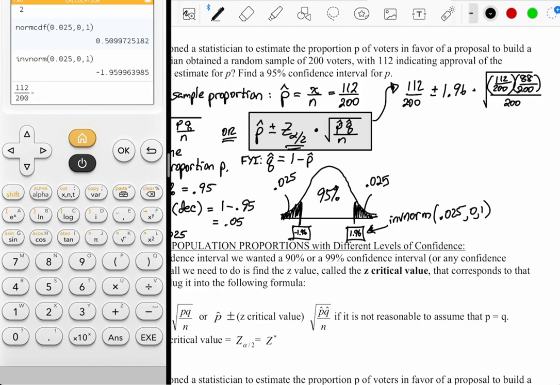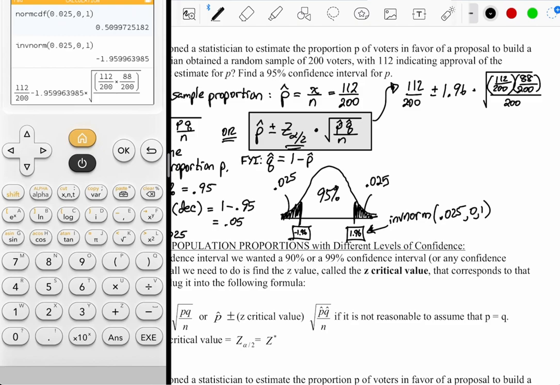All right, so I'm just going to retype the elongated decimal, I guess. All right, so times the square root of 112 over 200 times 88 over 200 divided by just another 200.